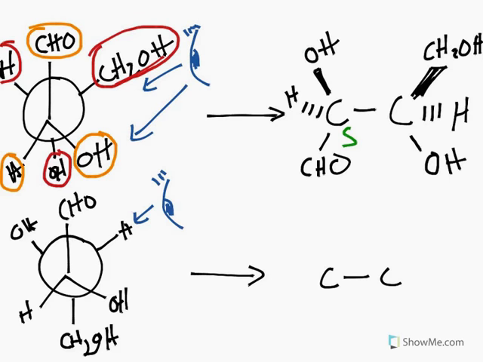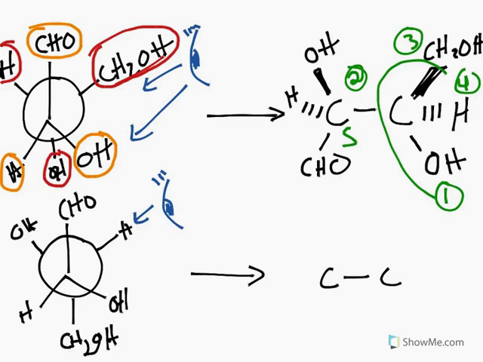Okay, now let's assign R and S to carbon C3. So that's going to be group 1, priority number 1. That's priority number 4. This is going to be priority number 2. And that's going to be priority number 3. The hydrogen is already in the back, so we can easily do our clockwise or counterclockwise motion.